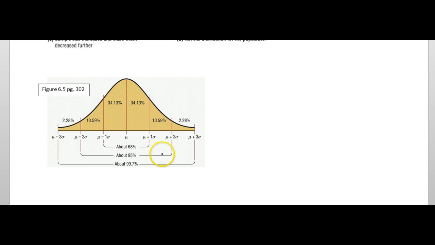And then you would expect 95% of your data to be within 2 standard deviations, and almost everything should be, in a perfect world, 99.7% within 3 standard deviations.